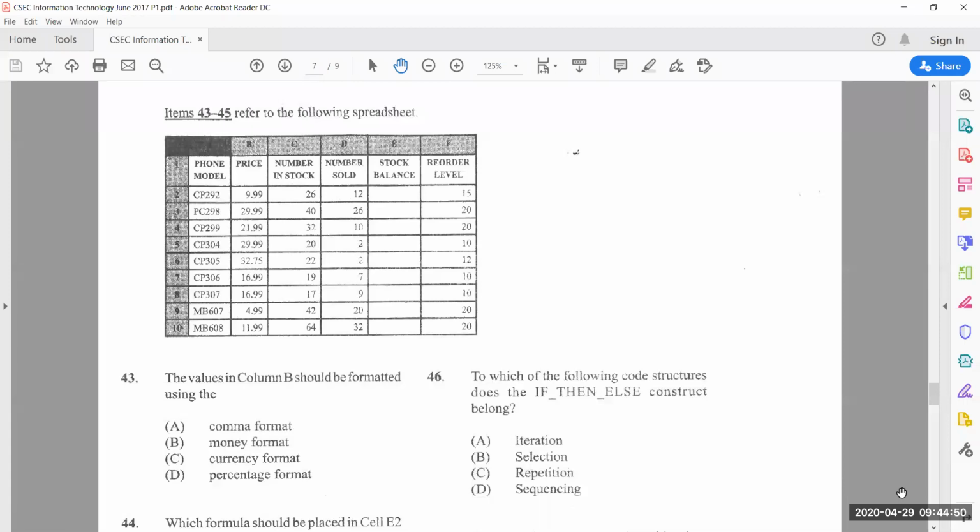Yes, I see some answers coming in. So that column actually has price information. So the best format for that will be the currency format, right? Not money format, currency format.